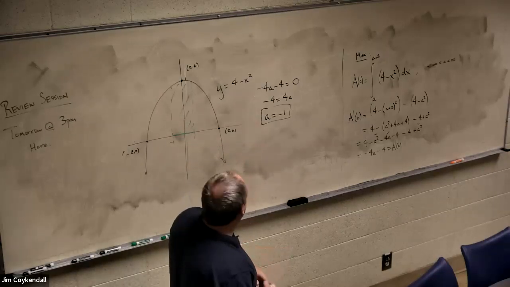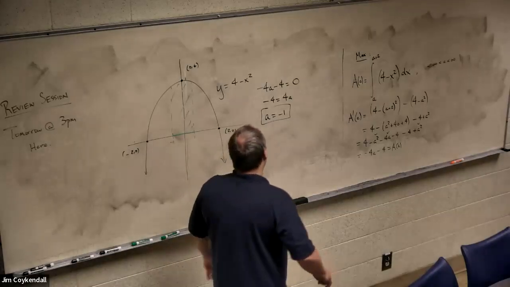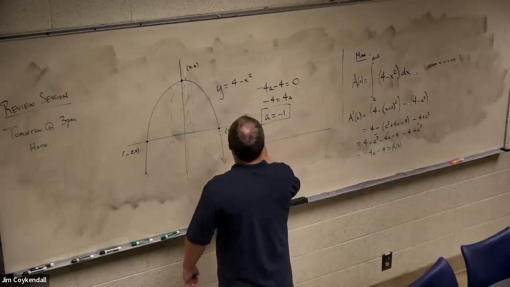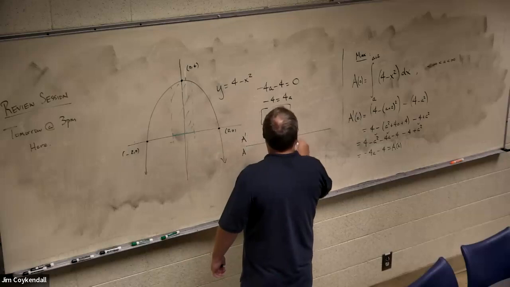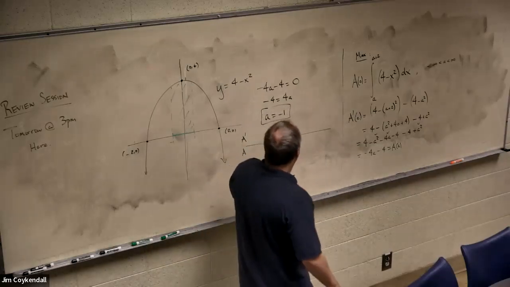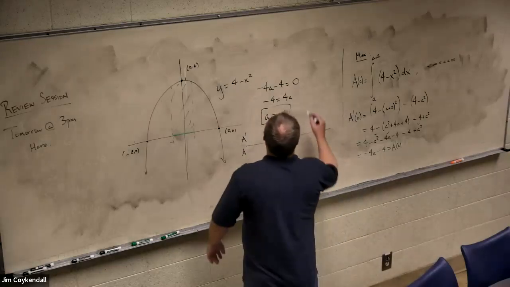We need to really verify that this does give a maximum. You can make a geometric argument here. Looking at the derivative A prime, we've got one critical number, minus 1.